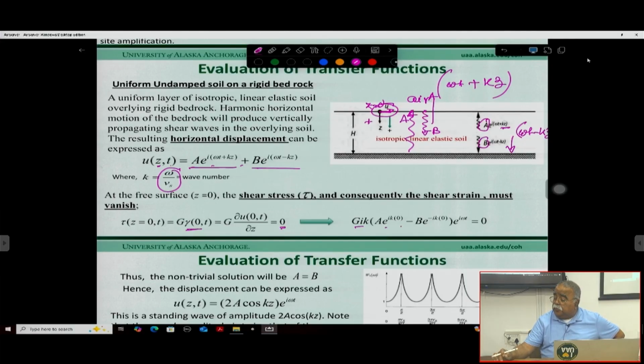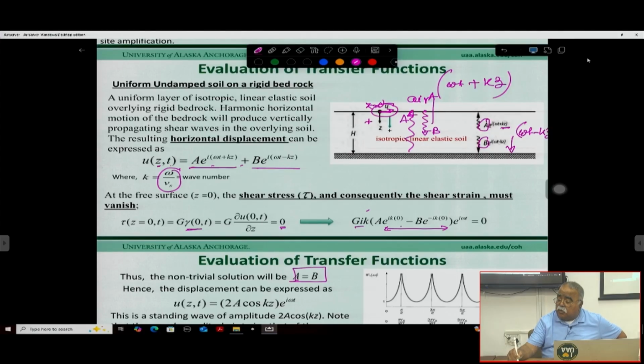That means this cannot be 0, so only the parenthesis term has to be 0, and it will be 0 only if A equals B. So this is the situation at A equals B, right?